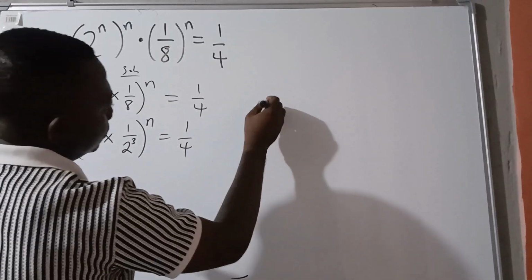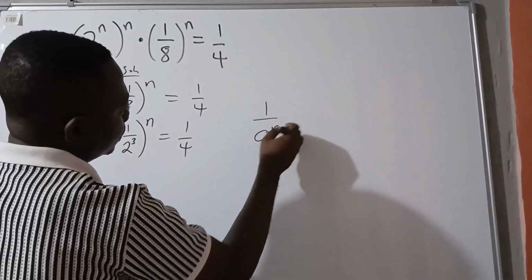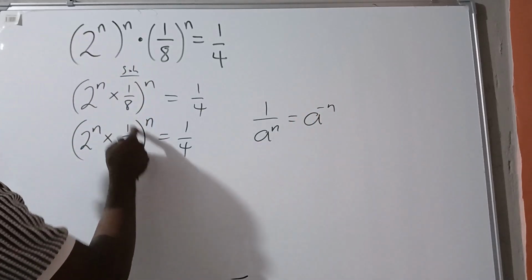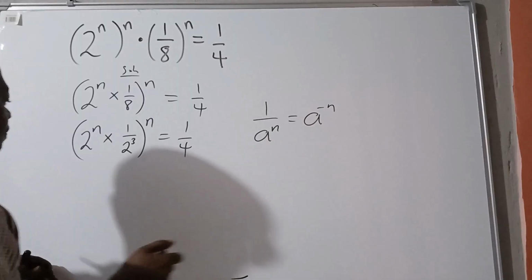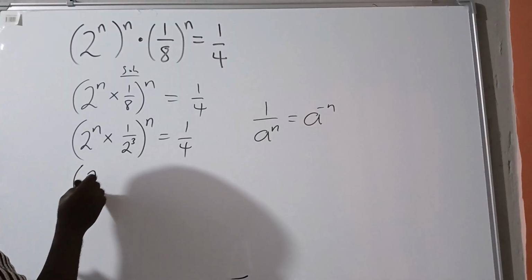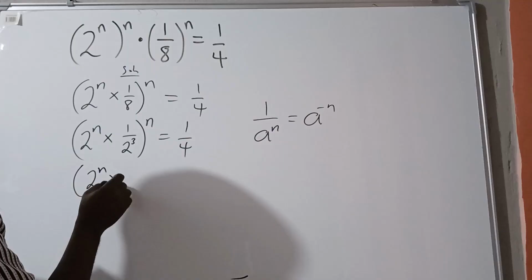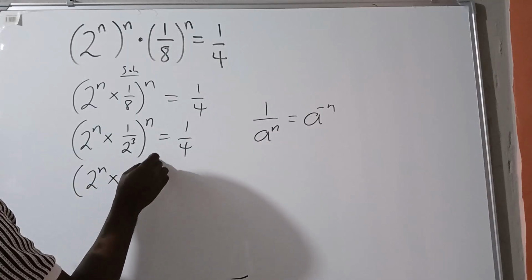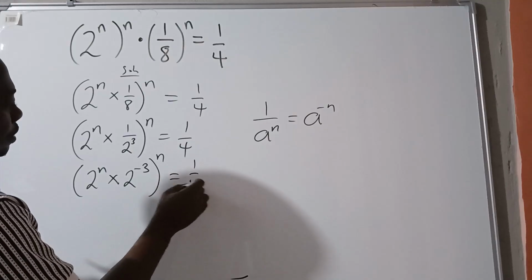Since 1 over a to the power of n is the same as a to the power of minus n, we can write this as (2^n times 2^-3) all raised to n equals 1/4.